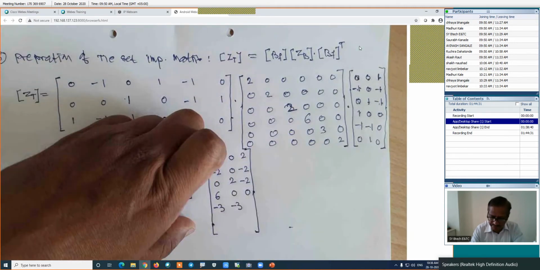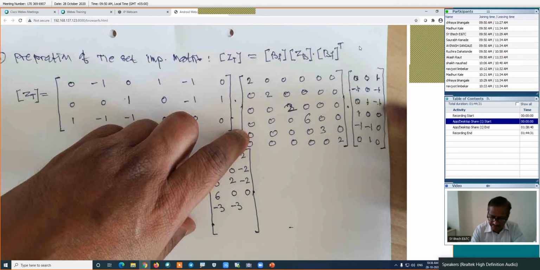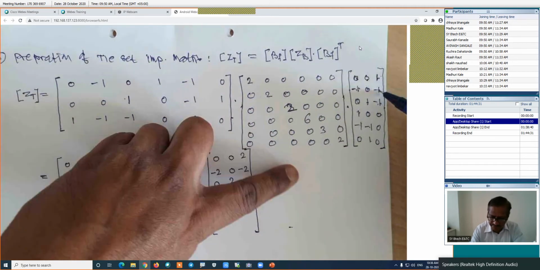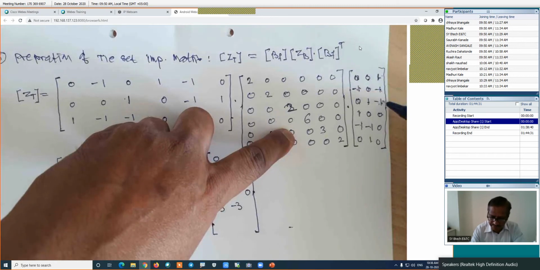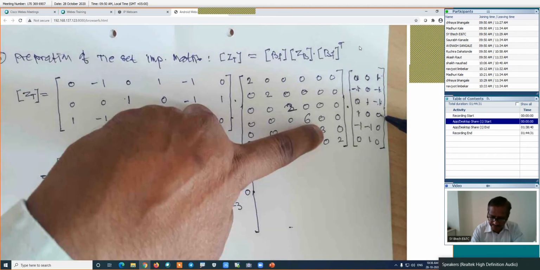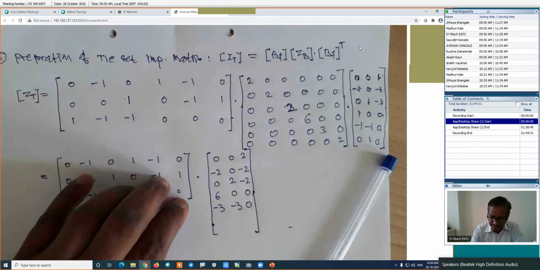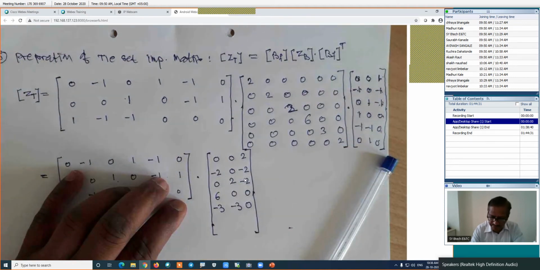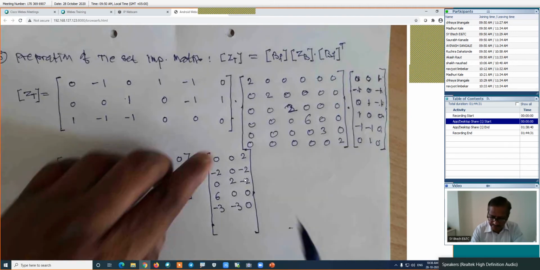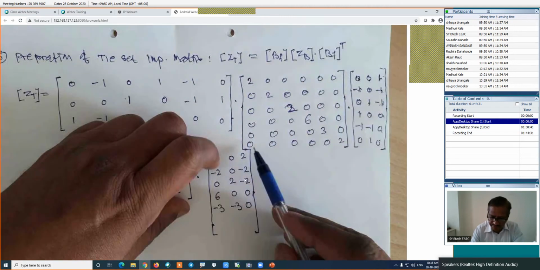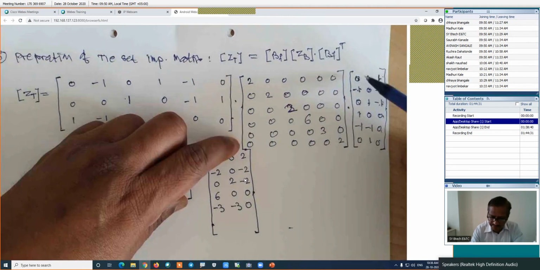And finally, this row and last column: 0, 0 into that again 0, the next 0, the next 0 is 3 into 0 is 0, and this value is 0. This last element is 0. Finally, this last row and first column, all these are zeros, because anything into 0 will be 0.